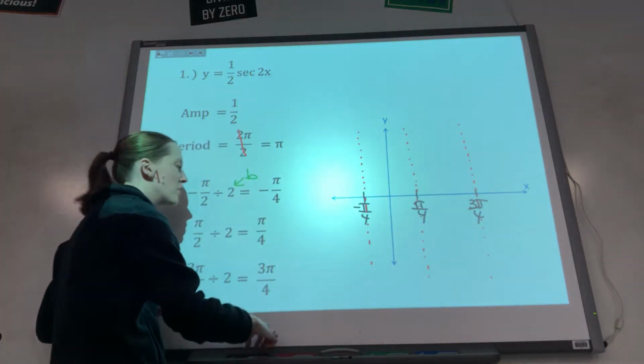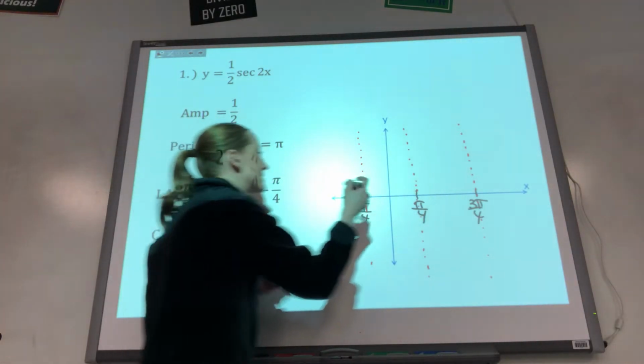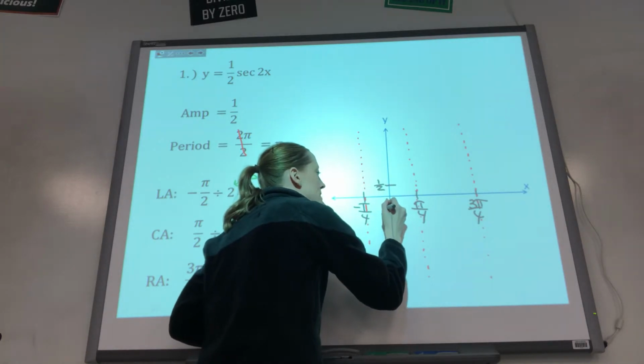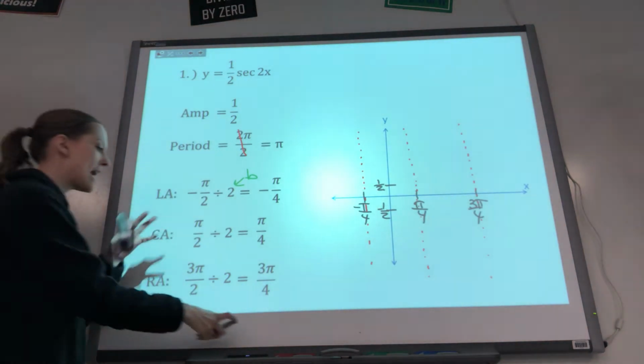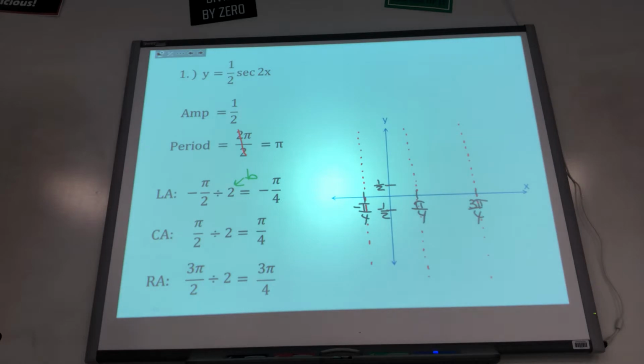So amplitude is 1/2. That's different than 1, obviously. So make sure you label that. You can go up to a line if you want, but still label that 1/2 and negative 1/2. So here I go.